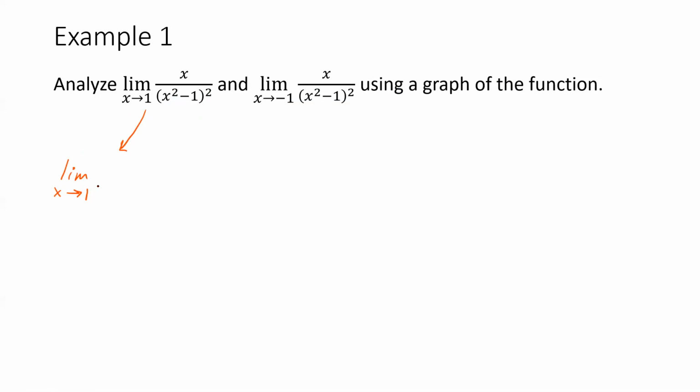And in fact here, I'm going to approach from two directions, one from the left and one from the right, and see what happens there. But anyway, so let's look at the first one here.